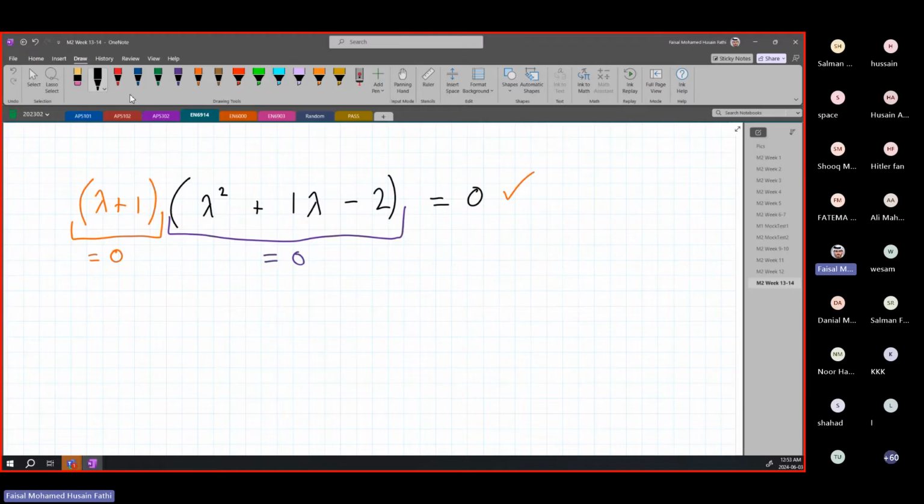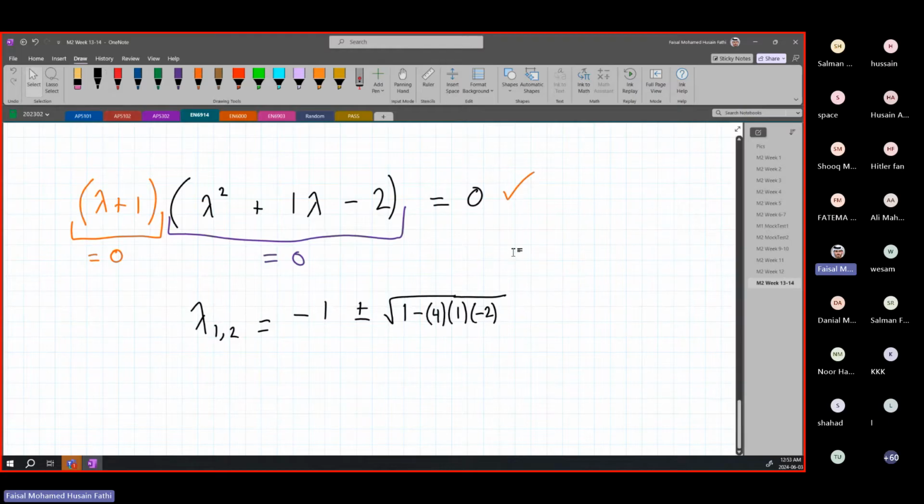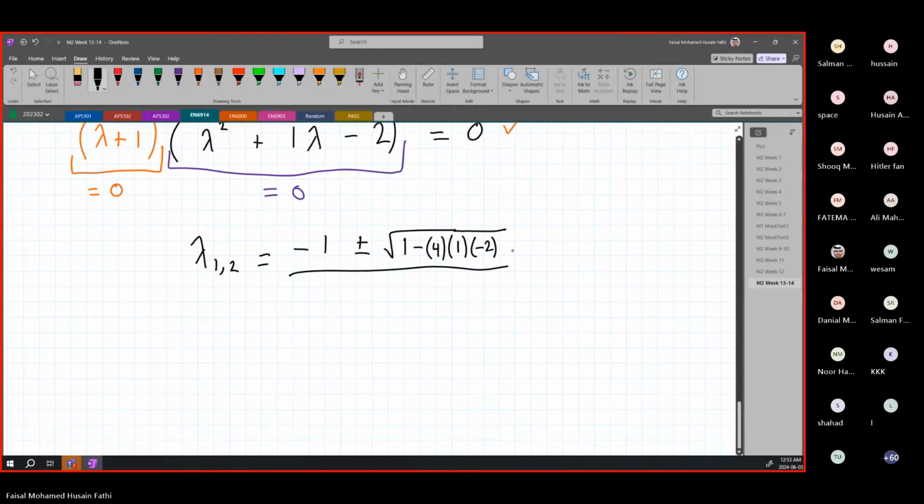In my case, I'm going to use the quadratic formula, which is minus b, which is minus 1, plus or minus the square root of b squared, which is 1, minus 4 times a, which is 1, times c, which is minus 2. Divided by 2 times a, which is 1.